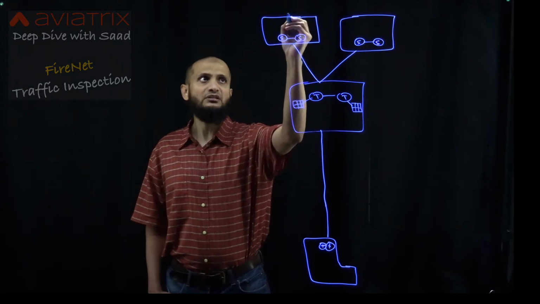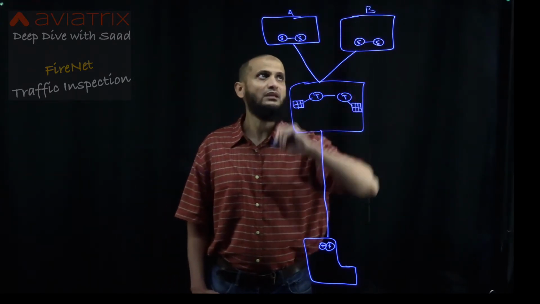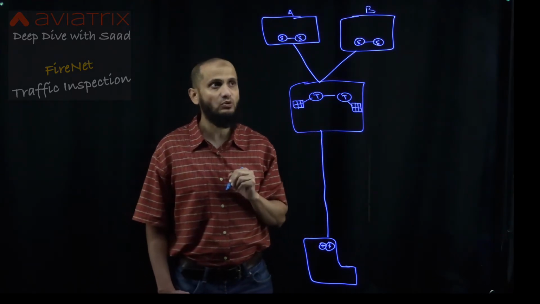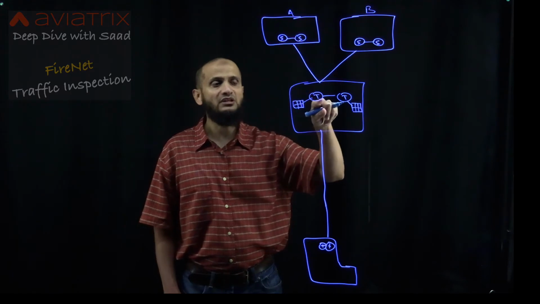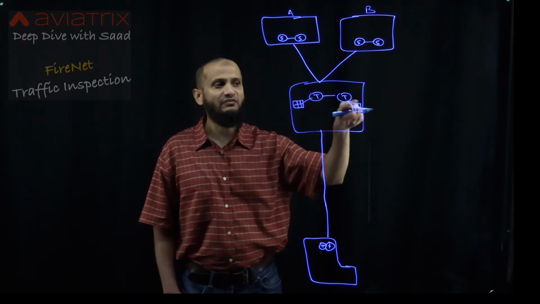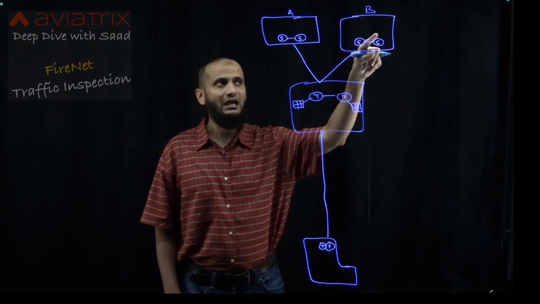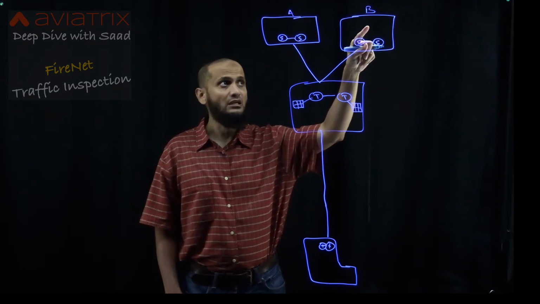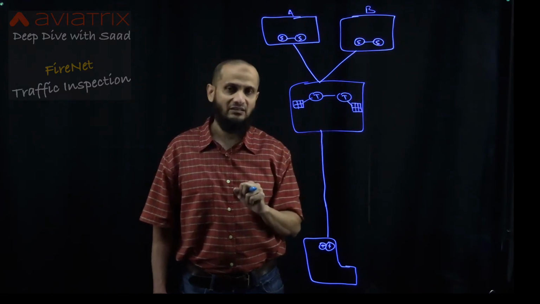You need the FireNet when your application in spoke A wants to communicate with the application sitting in spoke B. At that point, the application traffic is going to go through the Aviatrix transit to the firewalls, comes back to the transit, gets to the application sitting in the spoke B. And then the return traffic is going to follow exactly the same path.